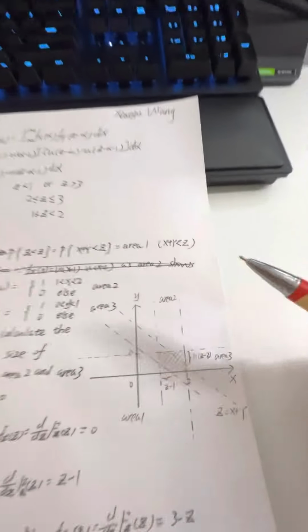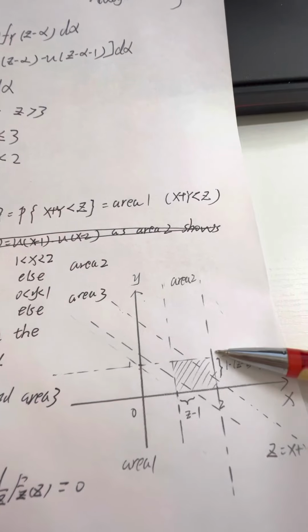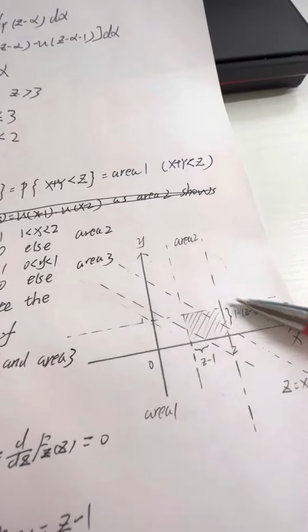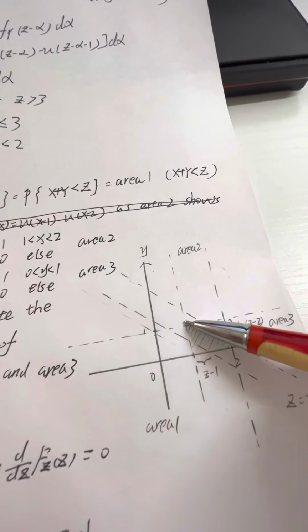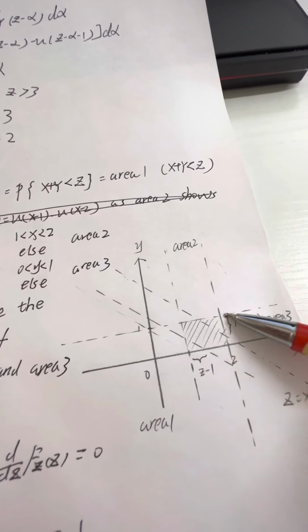So if we want to calculate the probability function of z, we need to calculate the overlap between the downside of this line and this area.